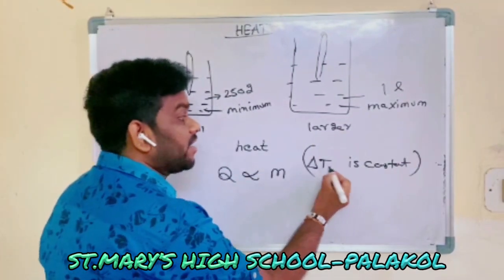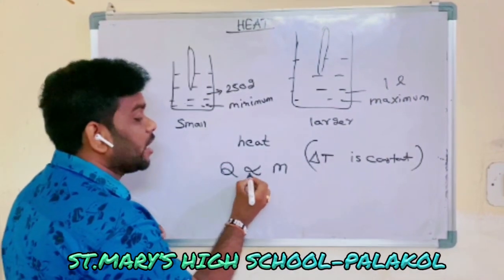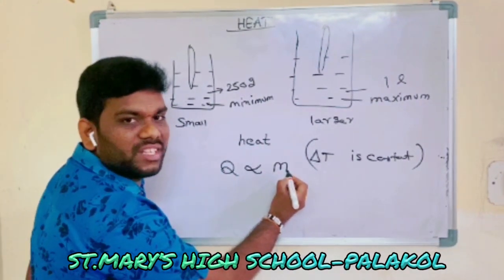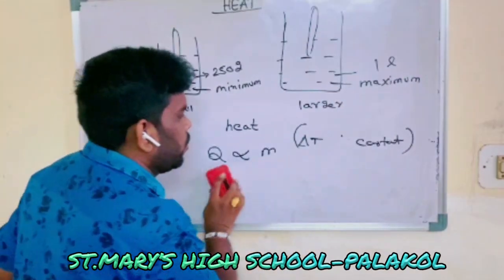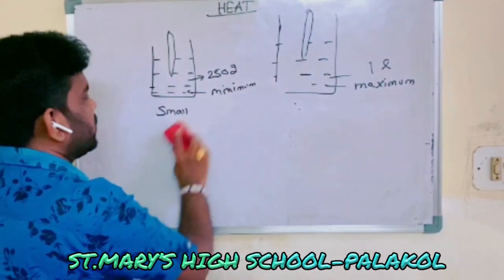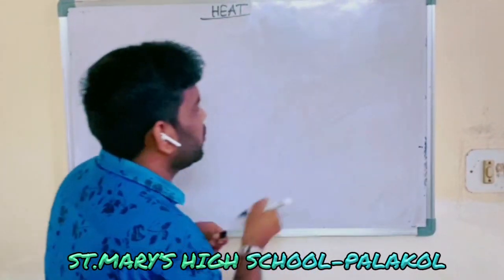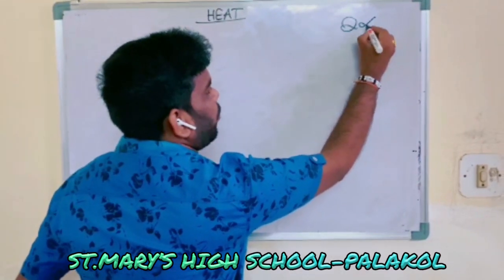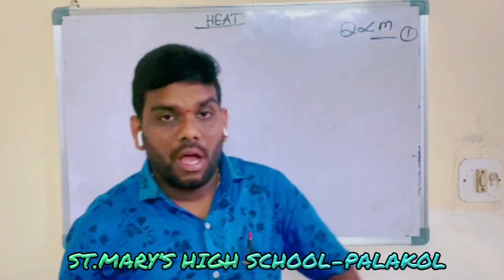Here, delta T is constant. Heat energy is directly proportional to mass of the substance. This is equation 1. Q is directly proportional to mass.